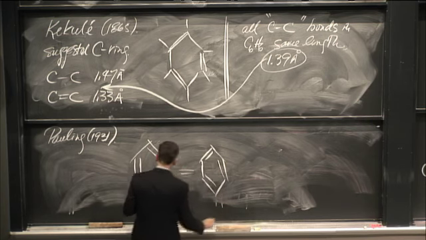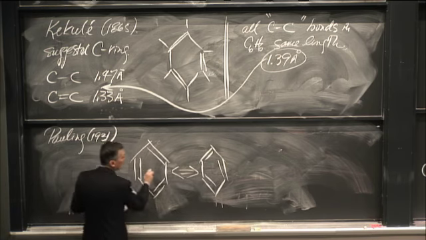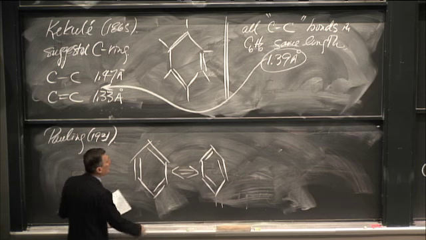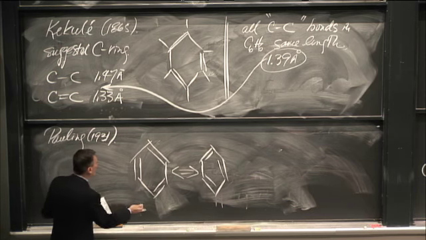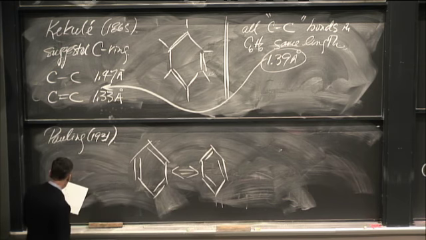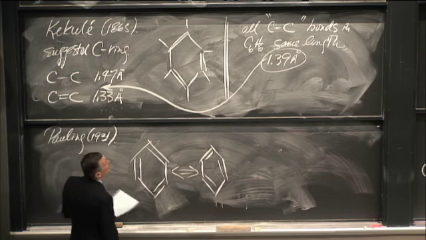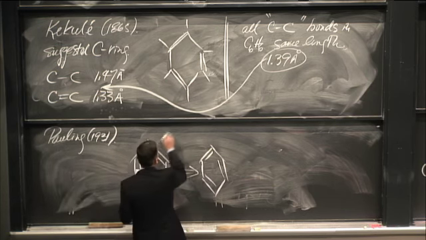So now we have this. And he said if the system resonated between the structure on the left and the structure on the right, the time average value of the carbon-carbon bond length would be around 1.39 angstroms.